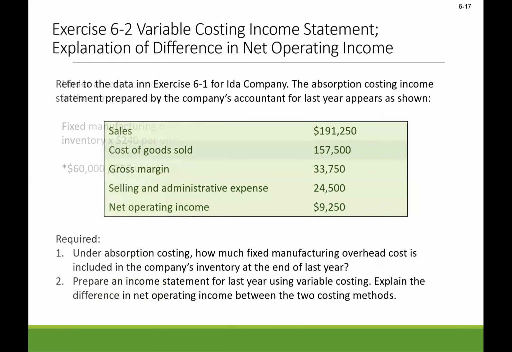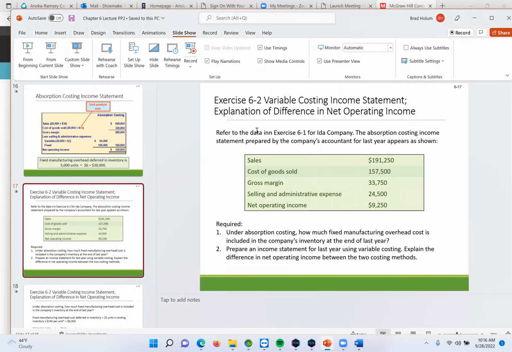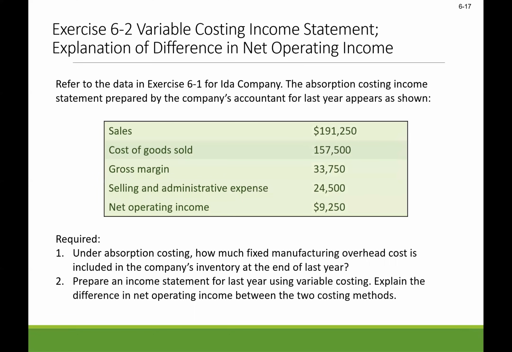Refer to the data in exercise 6.1 for Ida Company. The absorption costing income statement prepared by the company's accountant is shown here.